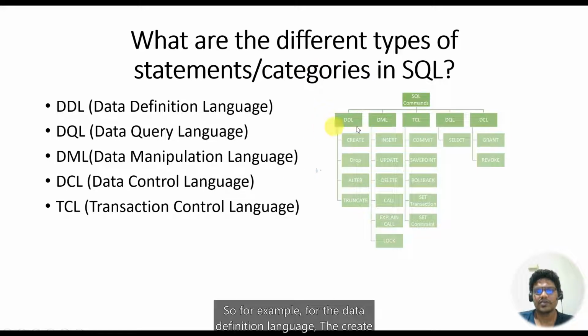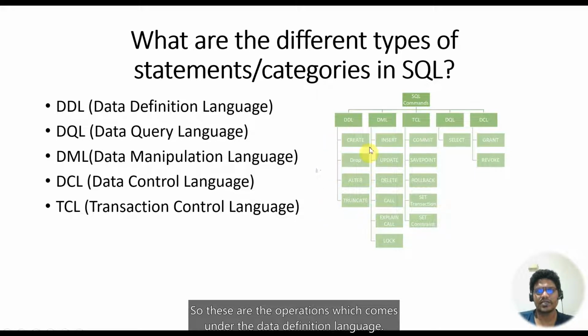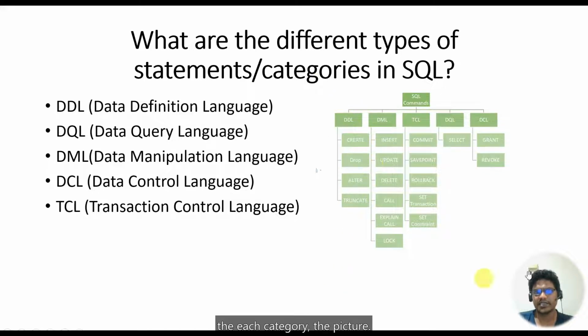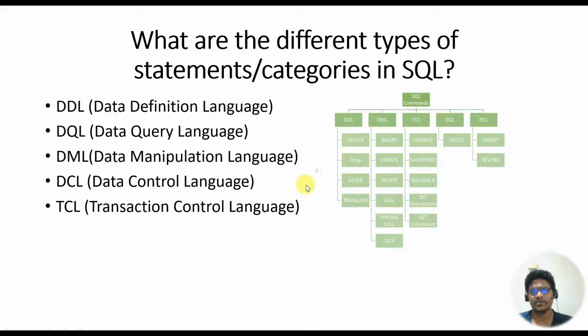For example, for the Data Definition Language: create, drop, alter, and truncate. These are the operations which come under the Data Definition Language. Likewise, the other operations are listed out for each category in the picture. We are going to discuss them in detail in the further sessions.